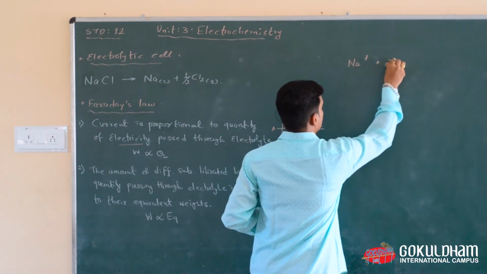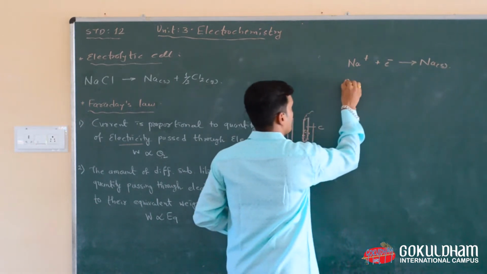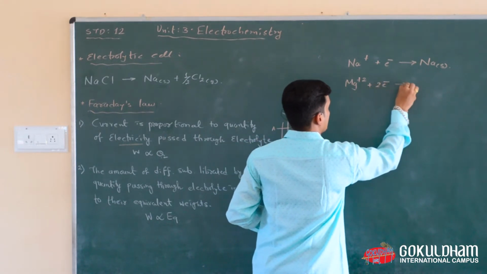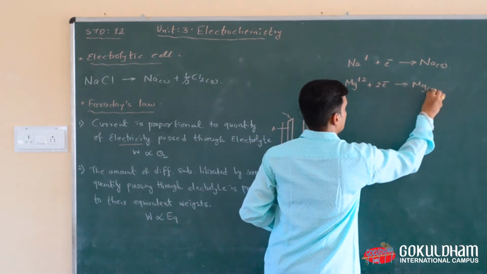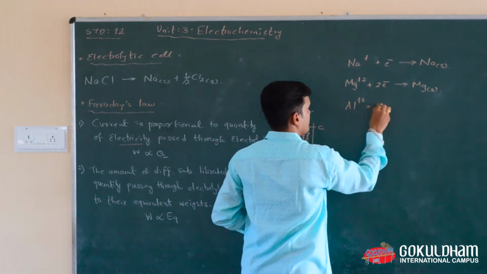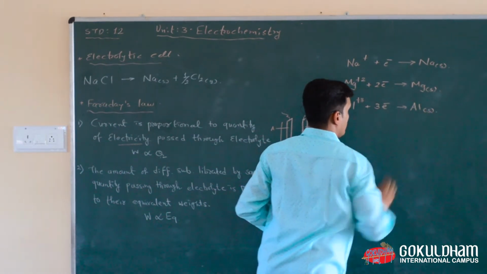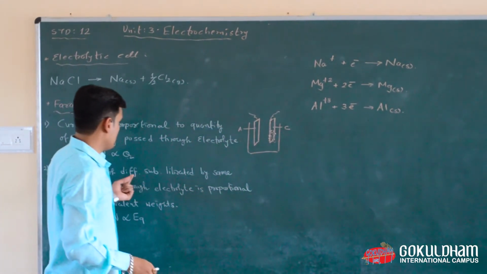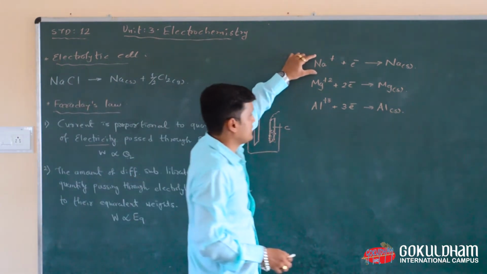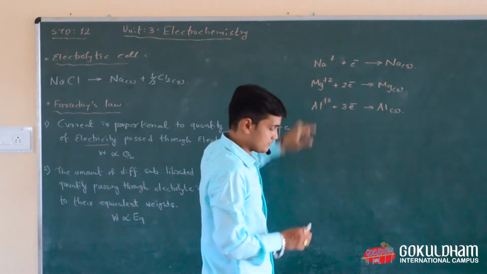Na+ plus electron gives Na solid, Mg2+ plus 2 electrons gives Mg solid, and Al3+ plus 3 electrons gives aluminium solid. These are all different substances: sodium, magnesium and aluminium.